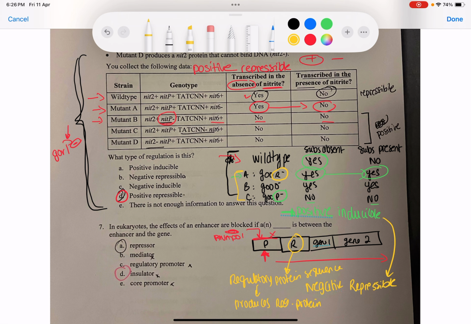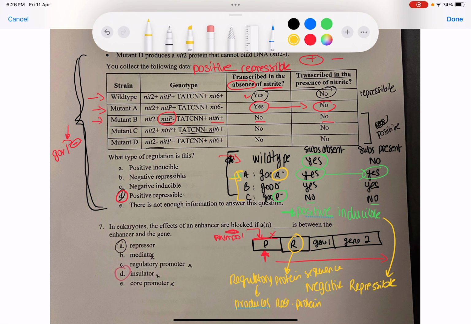Not only that, it tells my regulatory protein how to act, positively and inducibly, on this transcription.